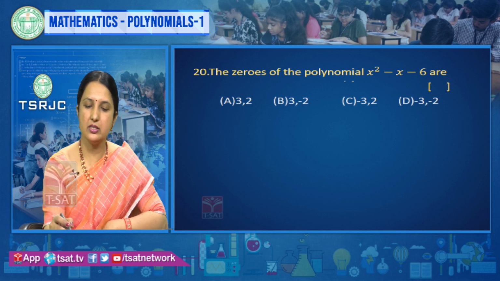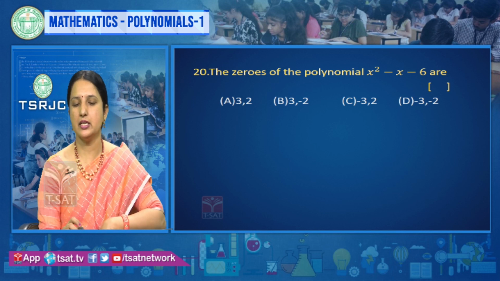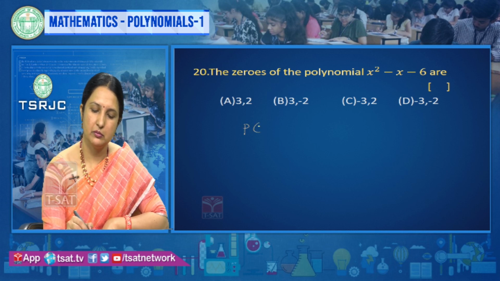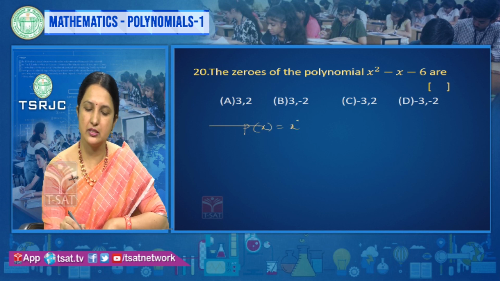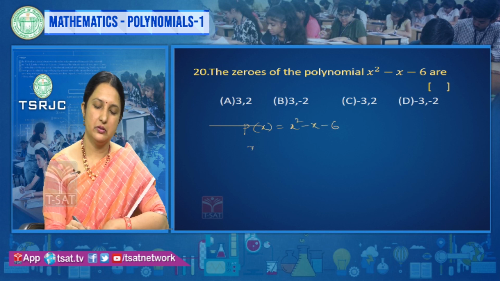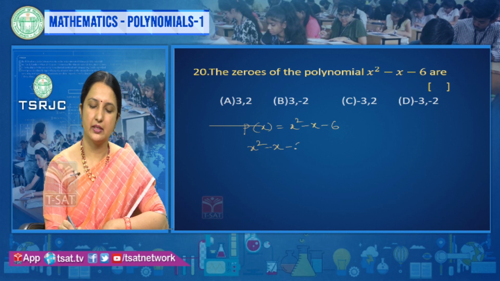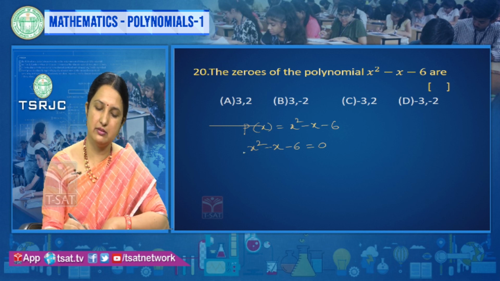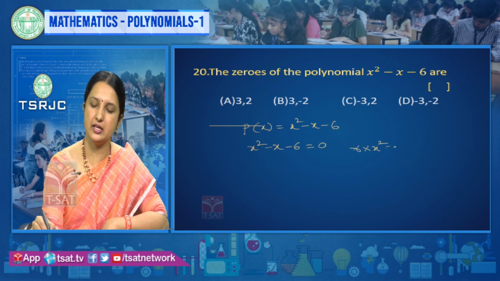Next, the zeros of the polynomial x square minus x minus 6. p of x equals x square minus x minus 6. We equate this to 0. So, factors. How to find the factors, you have learned in 9th standard: first term into last term, minus 6 into x square is minus 6x square.